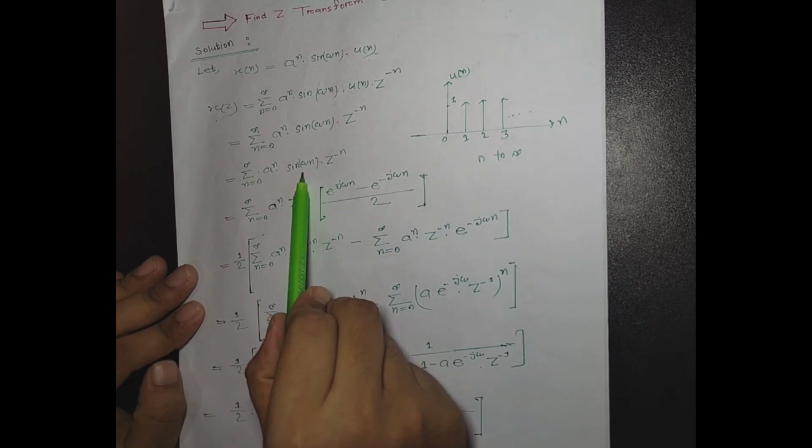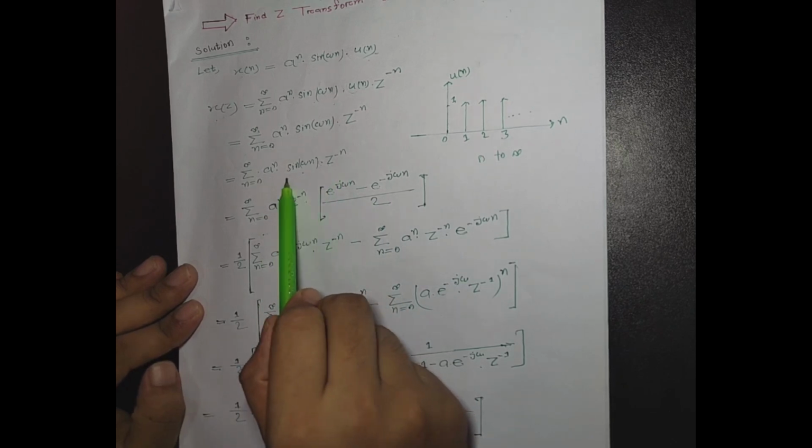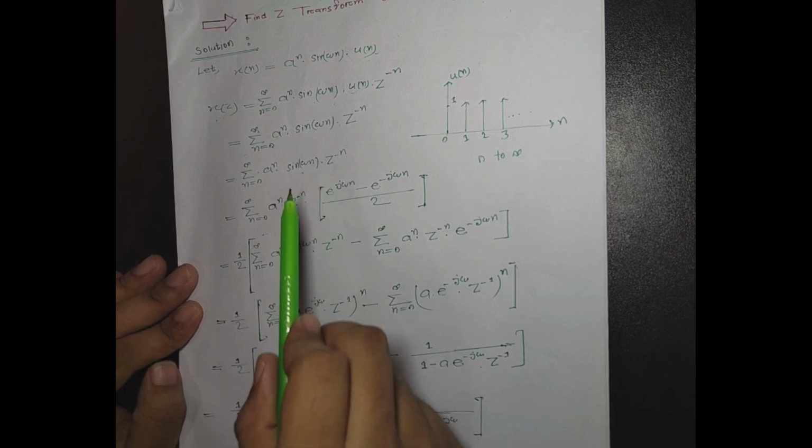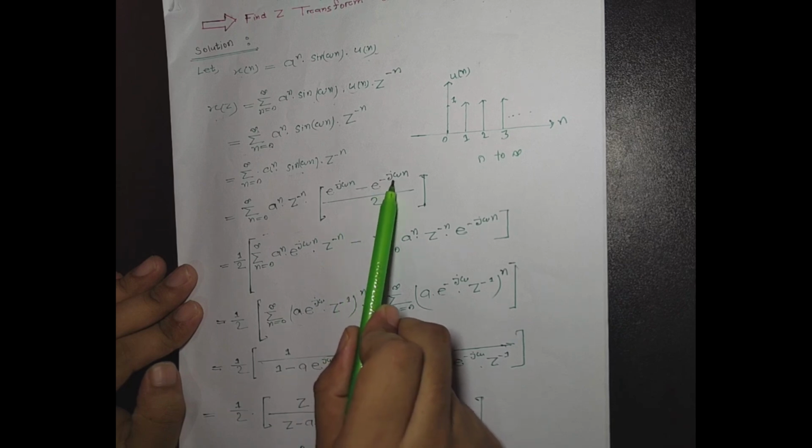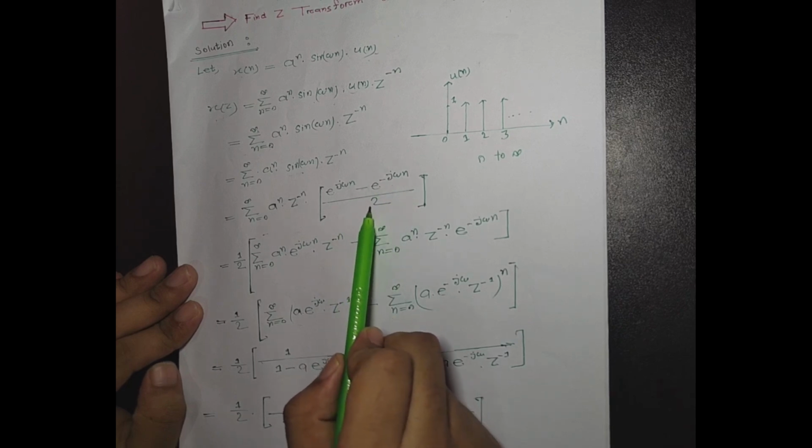And from the sine formula we know that sin(ωn) equals e to the power jωn minus e to the power minus jωn divided by 2.